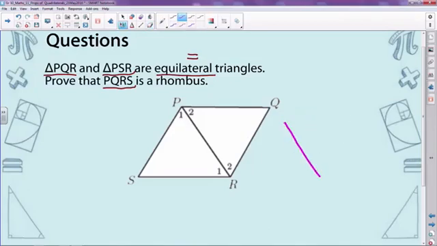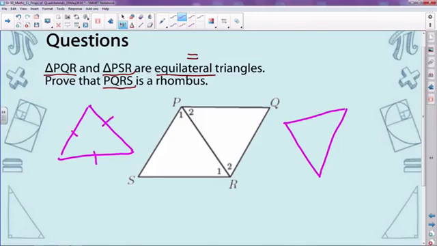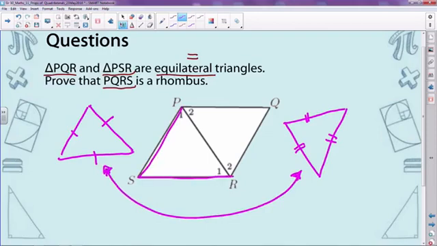We'll draw that line first, and that line, then that line. That's the one equilateral triangle. Then we've got the other equilateral triangle at the other end. Now we know that that side is equal to that side and that side. And we know that this side is equal to that side and that side. But now we've brought them together, and in a lovely ceremony, two have become one.